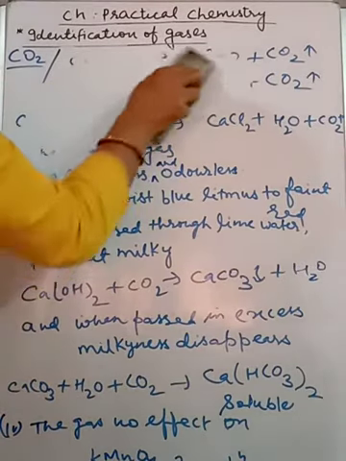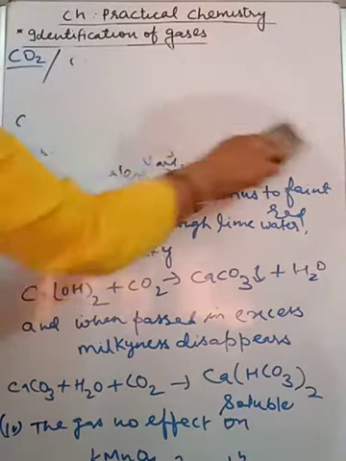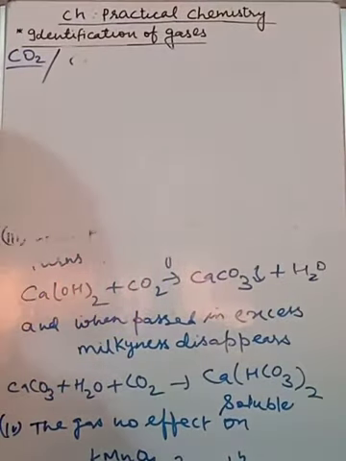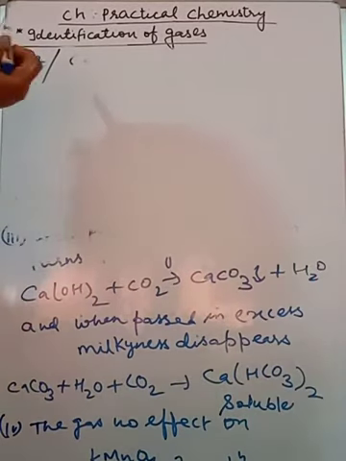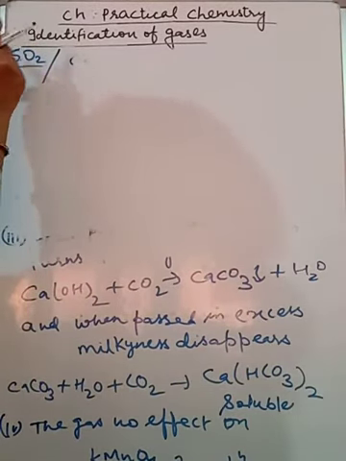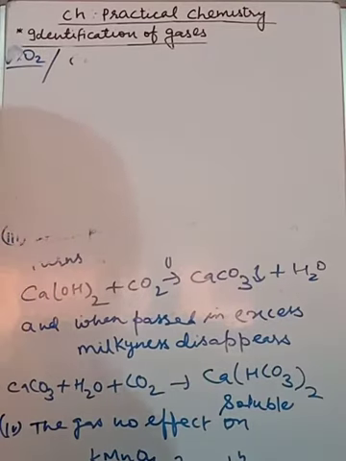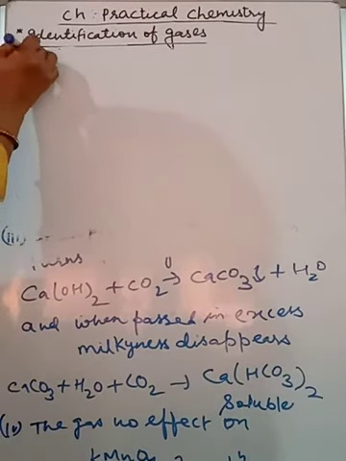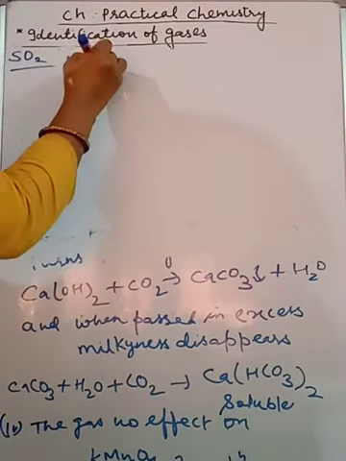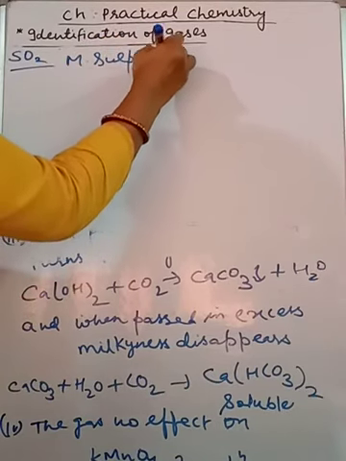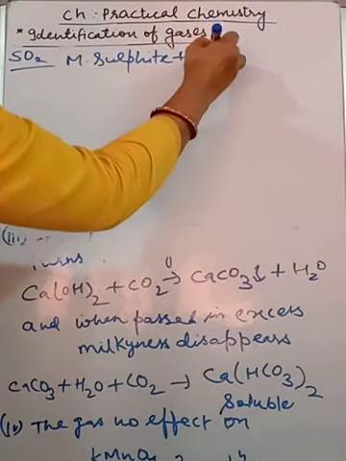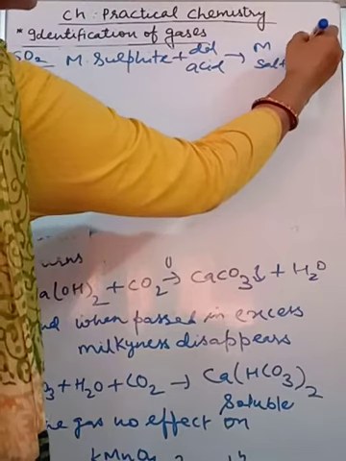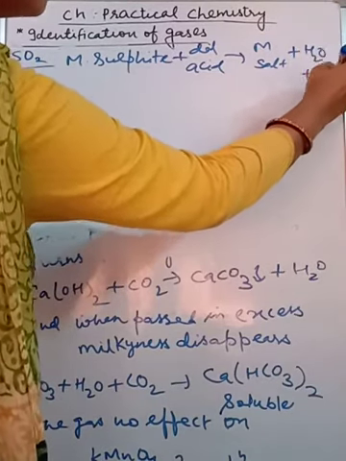For SO2 we are going to take metal sulfite. So metal sulfite plus dilute acid, then we will get metallic salt plus H2O plus SO2 gas.